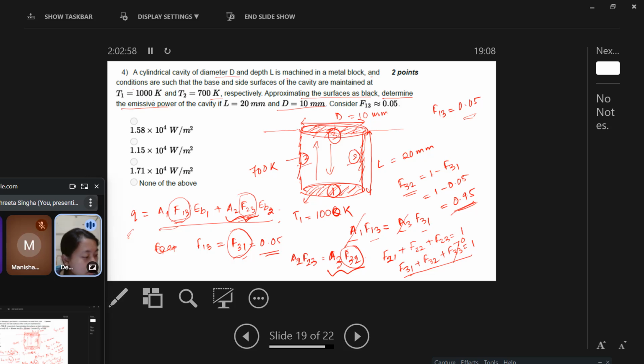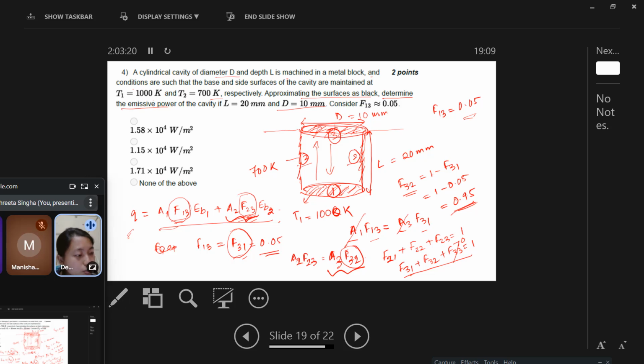You have to see what else you know, what else you can find. Since A1 and A3 are the same and they are parallel to each other, you can say that this F13 is equal to F31. And from there, how can you calculate F23?